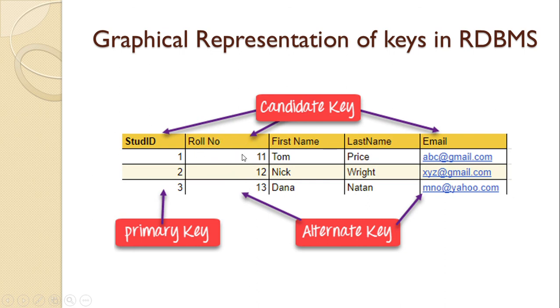All these keys have the capability to become a primary key. Only one key we have to make a primary key, because each table can contain only one primary key. So we make student ID the primary key, then all the other candidate keys become alternate keys.